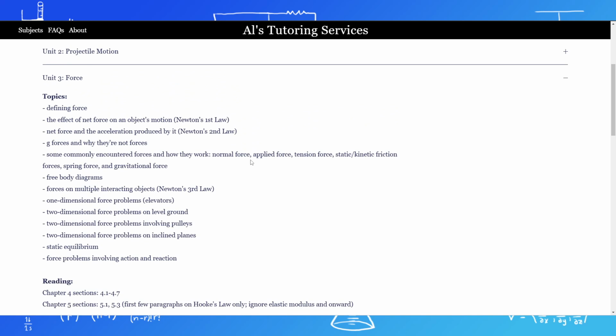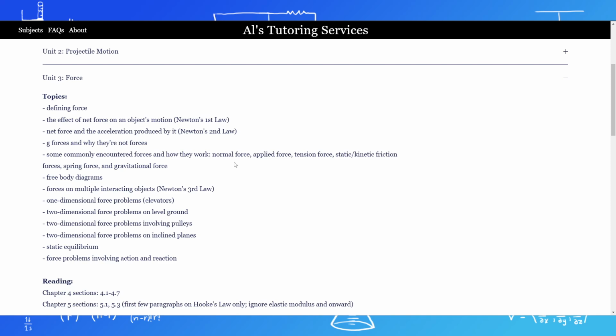And I think I'm just going to go over a few of the forces that we will encounter in physics. First of all, I should have said this at the beginning. Force, at least in my opinion, is the most important chapter in all of physics. I truly believe that once students have a full conceptual understanding of force, which is easier said than done, and a lot of people do make it through physics without this full conceptual understanding.